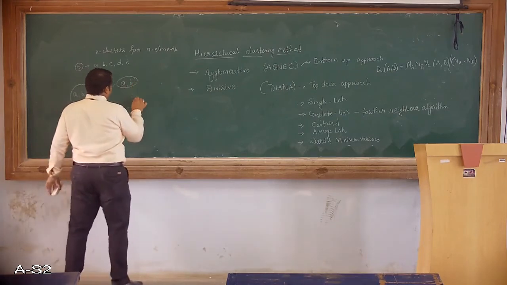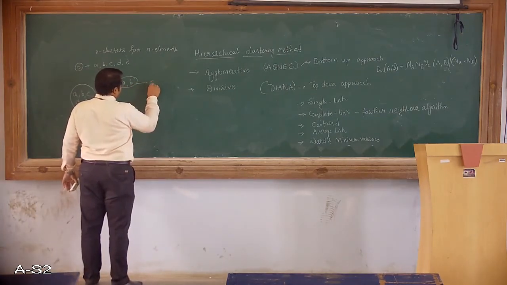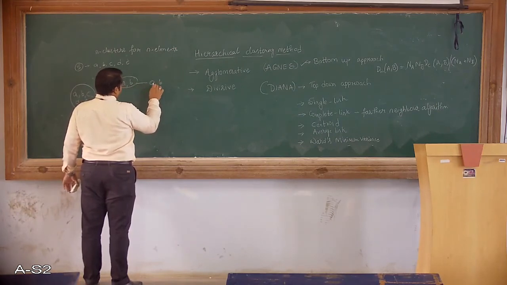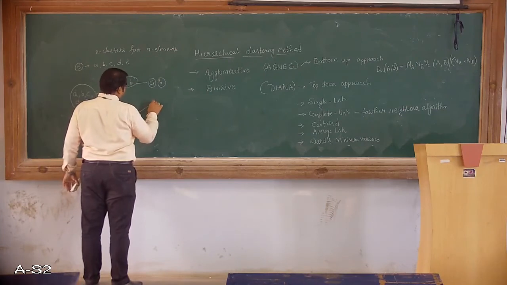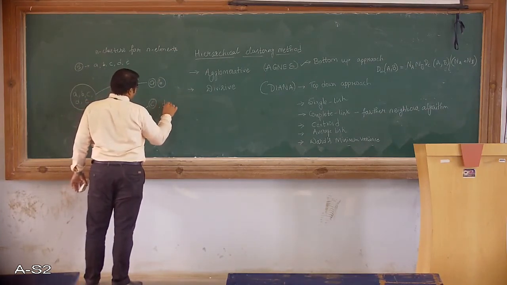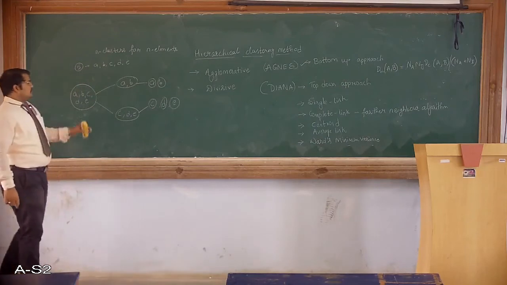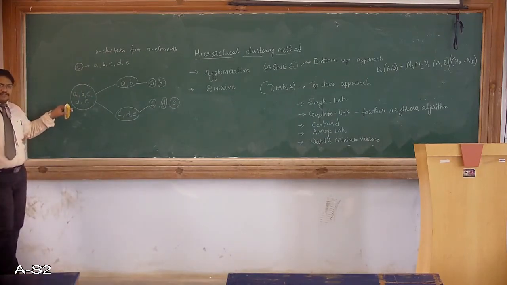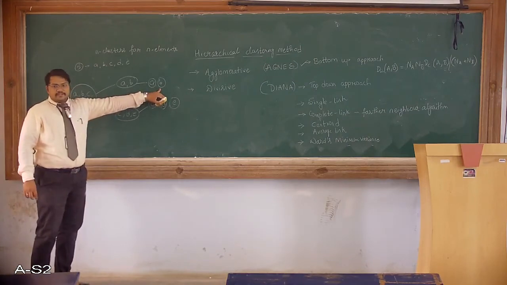Again, in the next step, this would be here, this would be like this. So starting from all the elements in a single cluster to n different elements with n different clusters.